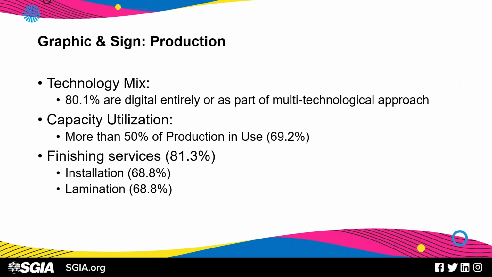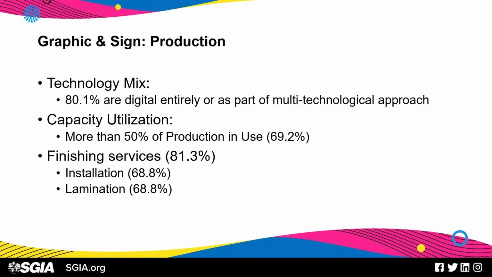On the production side, we found that digital continues to rule the market. 80.1% are digital, either entirely or as part of a multi-technological approach. They tend to use their production really efficiently. More than 50% of their production capacity is used by 69.2% of the companies.